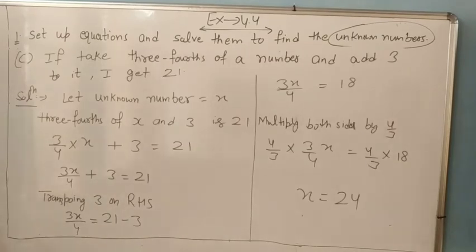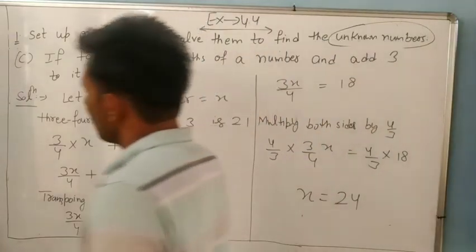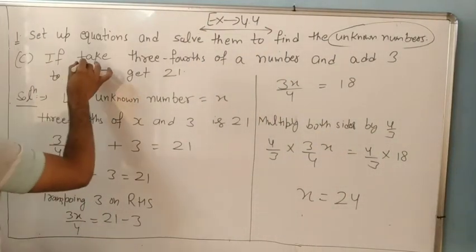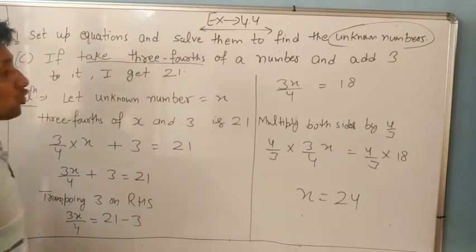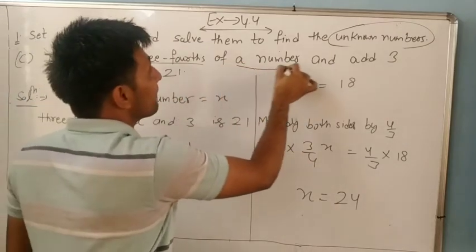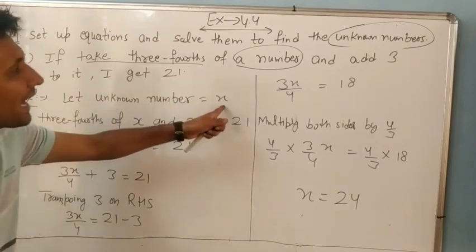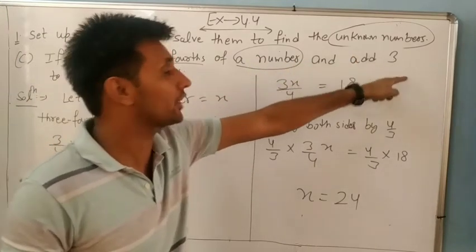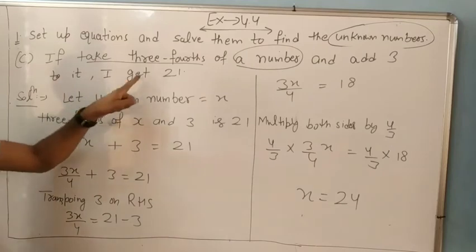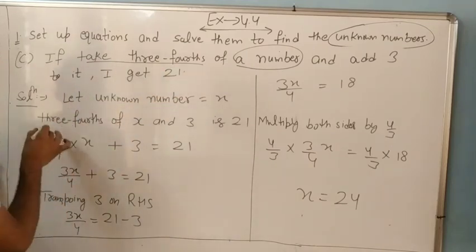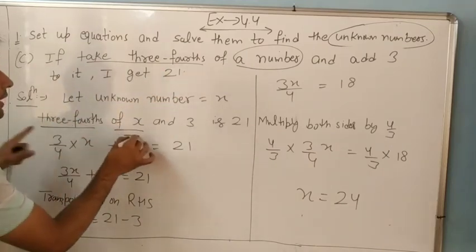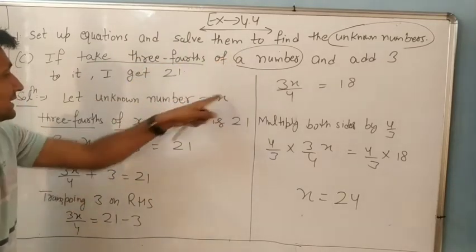Now dear, C part. Look at it. 3/4 of a number. If you don't know the number, let the unknown number be x, and add 3 to it, I get 21. So 3/4 of a number is x.